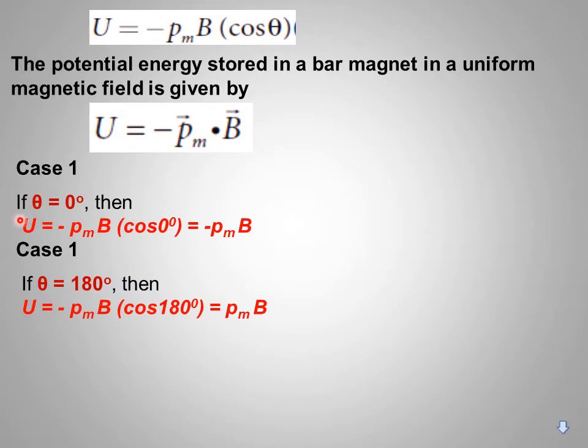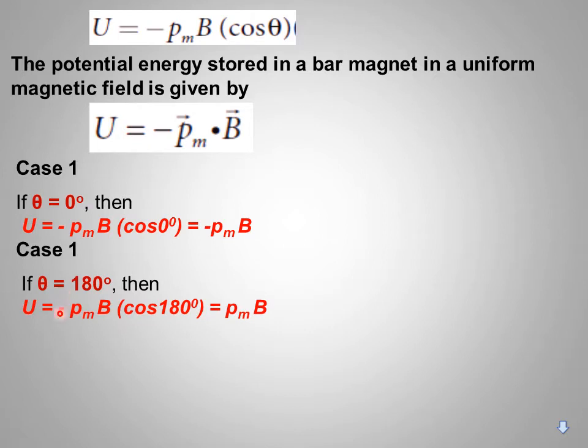One, if theta is equal to 0 degrees, then U is equal to minus PmB cos 0 degrees. Already you know cos 0 degrees is 1, so minus PmB. If theta is equal to 180 degrees, then U is equal to minus PmB cos 180 degrees. Already you know cos 180 degrees is equal to minus 1.